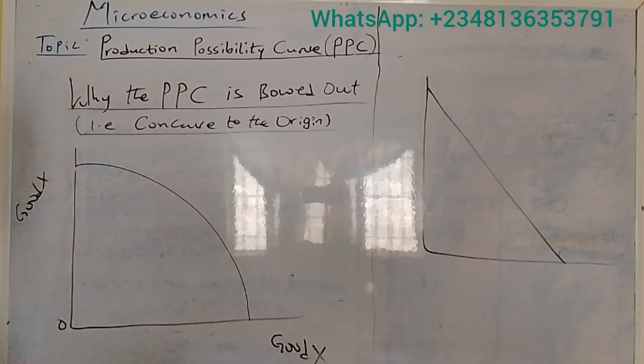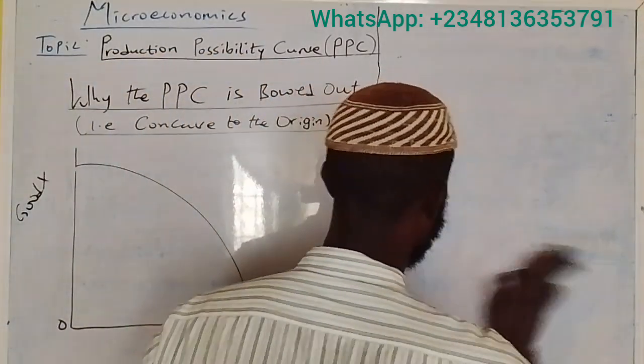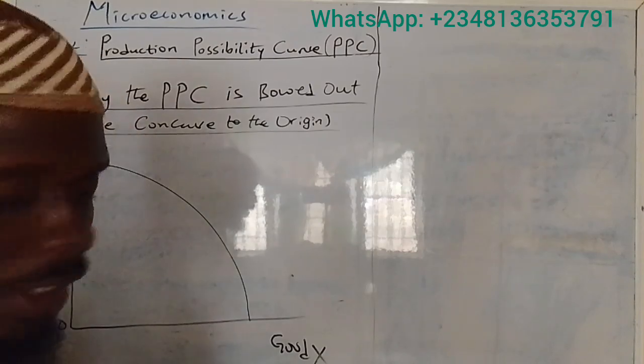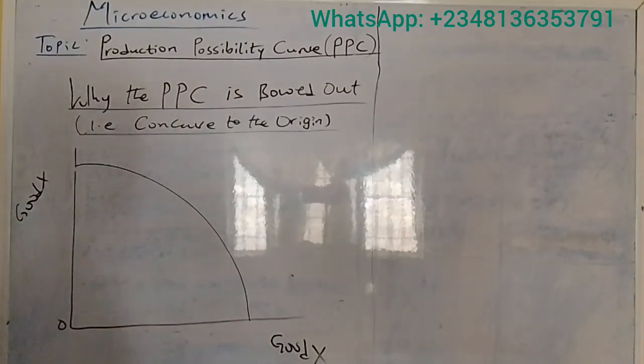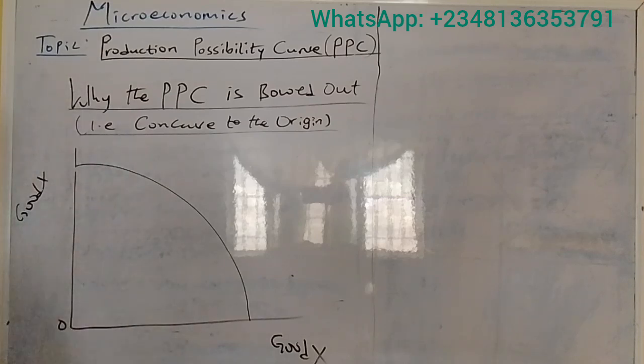So you remember that we assume a country that produces two commodities, and these two goods are produced by the country given the efficient use of all the available resources in the country. And also remember that this serves as a combination.